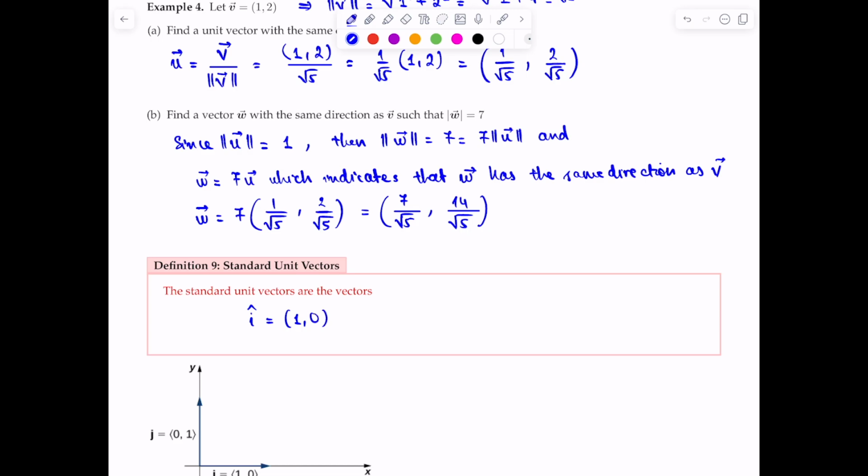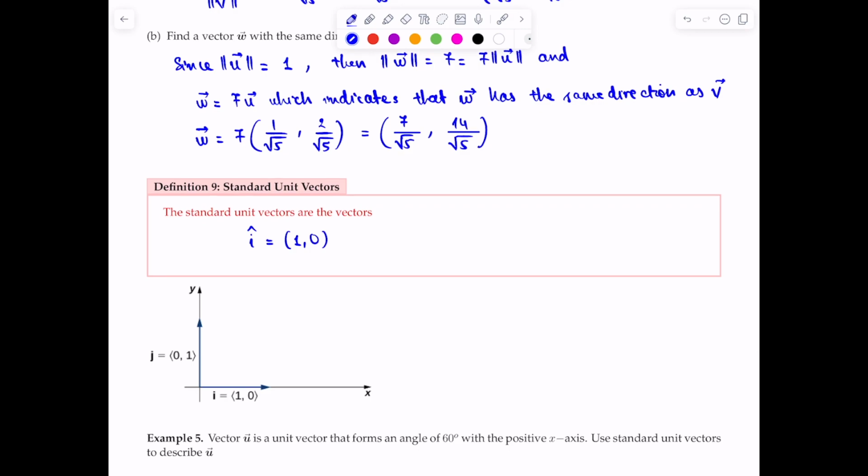This is the unit vector in the x direction, or on the x-axis right here. And another standard unit vector is j hat, of the form 0 comma 1. This is the standard unit vector for the y-axis.